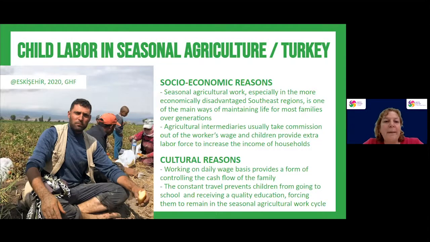If a family comes with 5, 6, 7 children, they take the same commissions as they take from the adults. So this also encourages the intermediaries to bring children to the farms, to the agricultural areas. And there are cultural reasons.